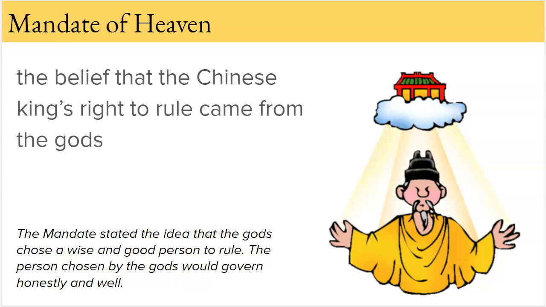The mandate stated the idea that the gods chose a wise and good person to rule. The person chosen by the gods would govern honestly and well. And this has two sides, as you'll read about. If good things happen during the king's rule, like a good crop season, people view that the king is doing as he should, according to the gods. But if there's a flood, then basically the people think that he is not a good king and he gets replaced.